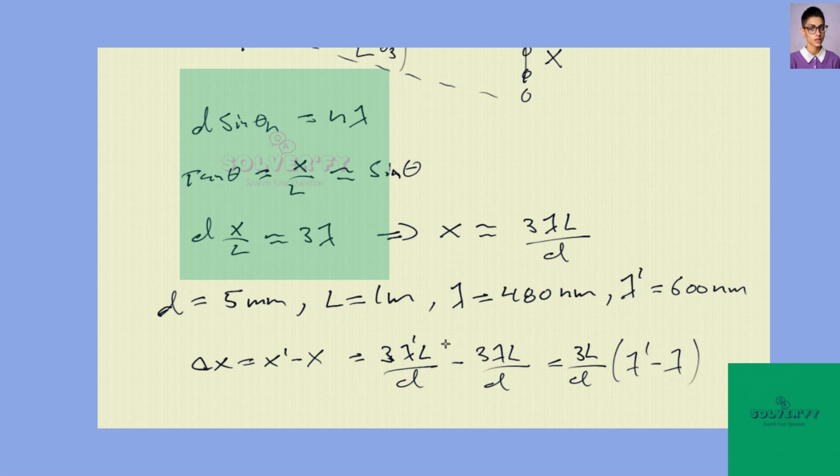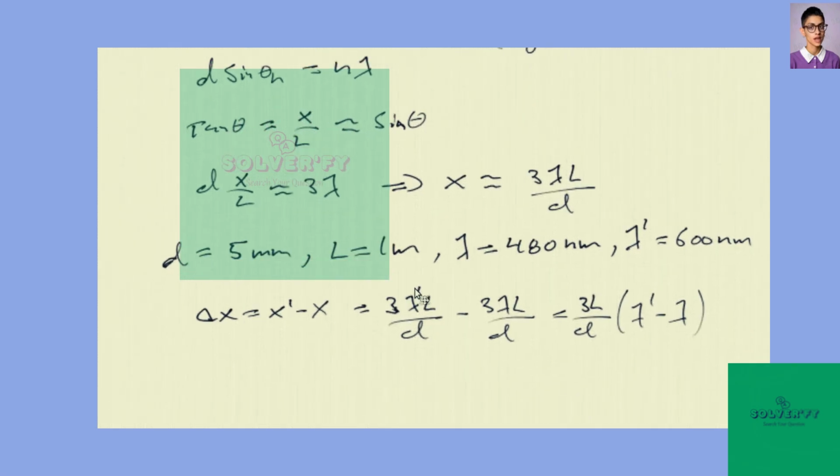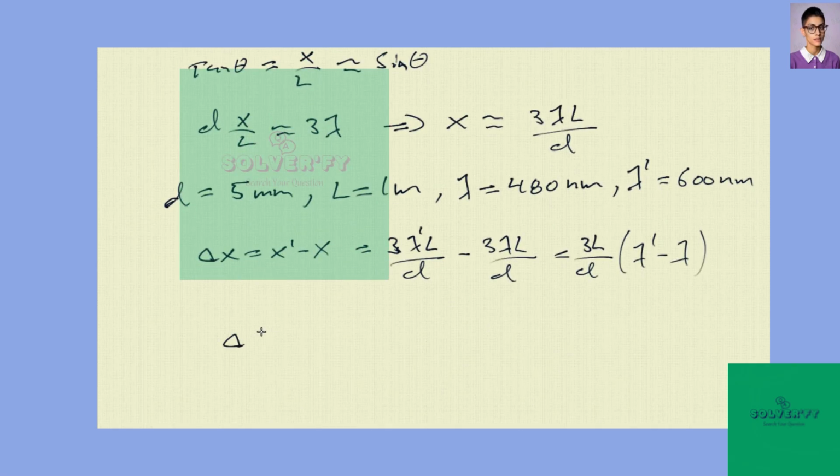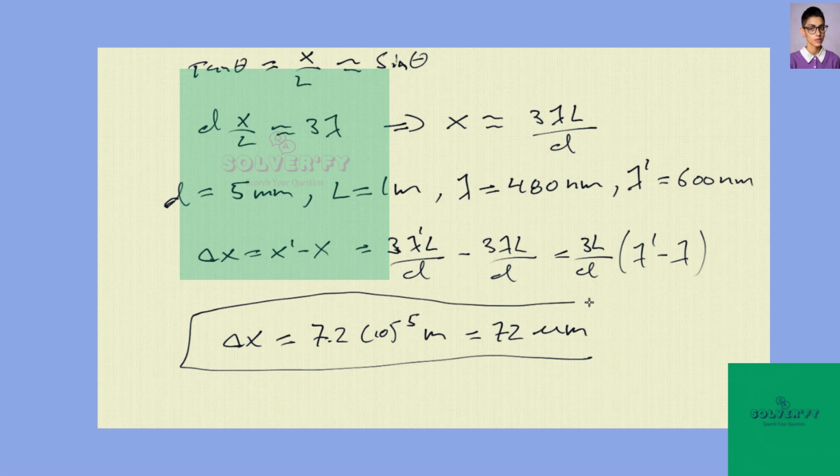And I plug all these numbers in, and I get that delta x equals 7.2 times 10 to the minus 5 meters, which is the same thing as 72 micrometers, where micrometer is 10 to the minus 6 meters. And that's the distance between the third bright fringe for one light and the third bright fringe for the other light.